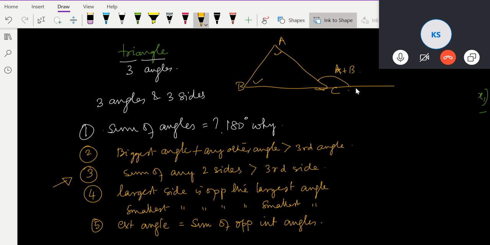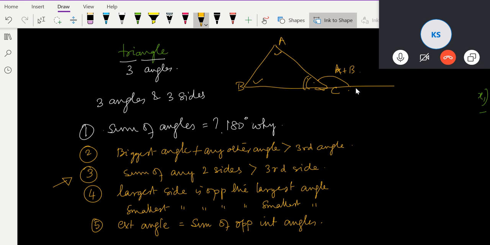And why is that? Because they must add up to 180 overall, so it must be supplementary. So this is angle C. Angle C plus angle A plus angle B is 180, and angle C plus the exterior angle is also 180. So those two are equal.